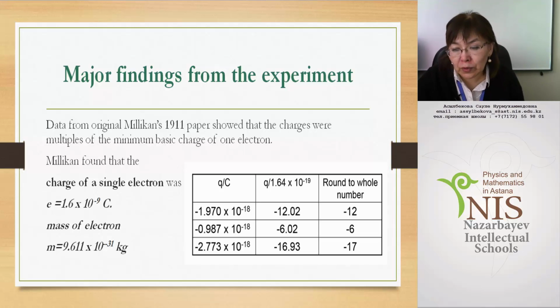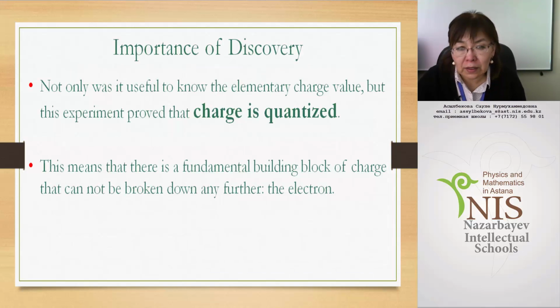He used only data which, from his point of view, were satisfactory and could be integral multiples of some numbers. For example, he rounded to whole numbers 12, 6, 17, and he found that all charges are integral multiples of the elementary charge.